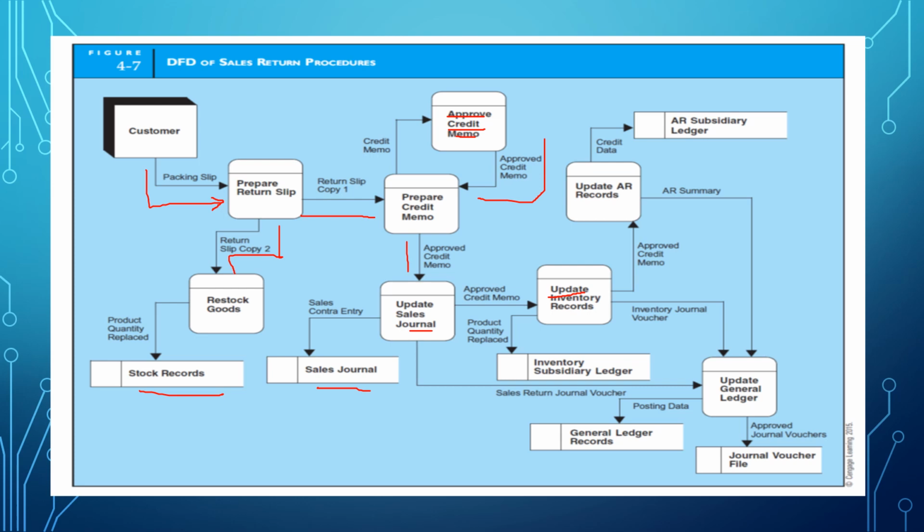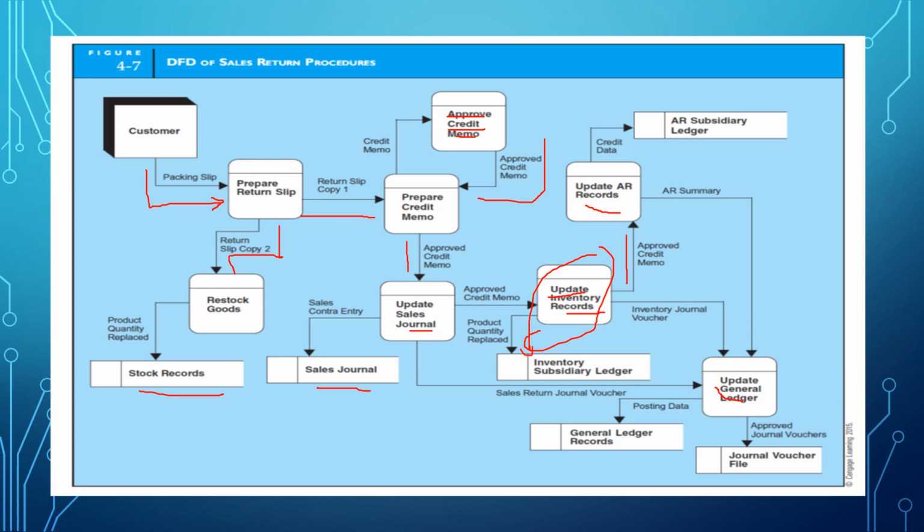Okay, so we start to update the inventory record first, and when we update the record, we update the inventory subsidiary ledger file, and from this update process we will process updating the account receivable record, and then also we will update the general ledger.